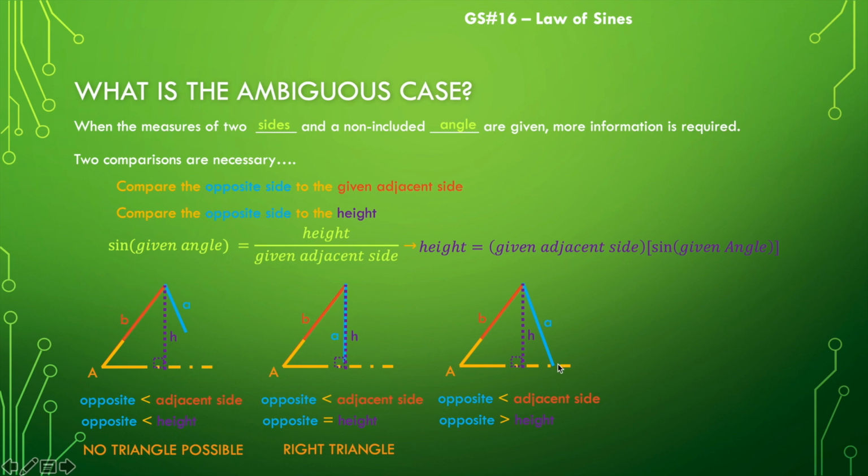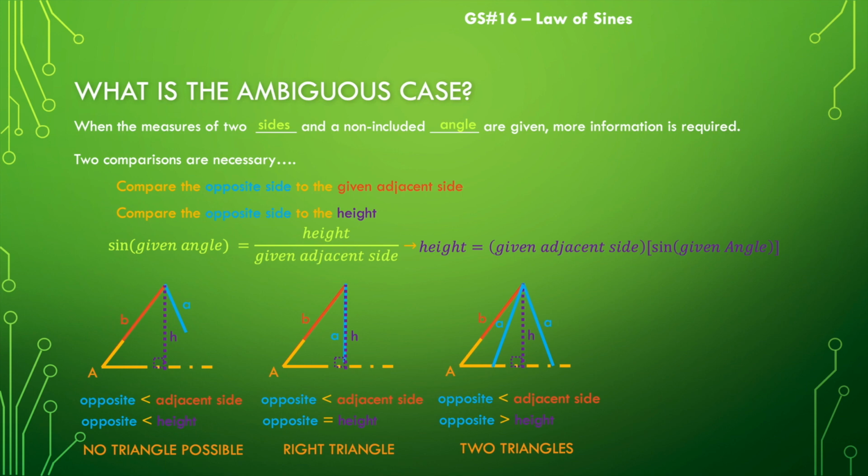We don't know its placement at all. And in fact, I can actually place it here on the right side of the height, or I can reflect it over the height and place it here on the left side of the height. So that means that there are two possible triangles. I have this original triangle here, and I've got this little tiny sliver triangle here. Okay, I've got a huge obtuse angle and then two small acute angles in this one. So in this case, there's two possibilities for triangles.